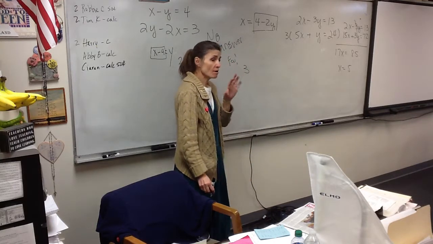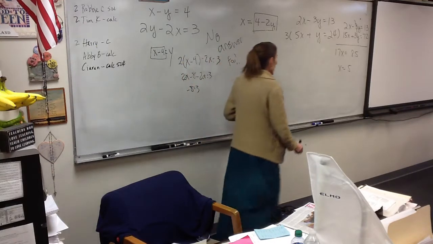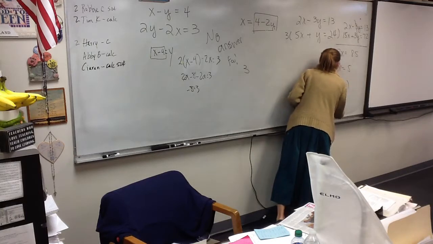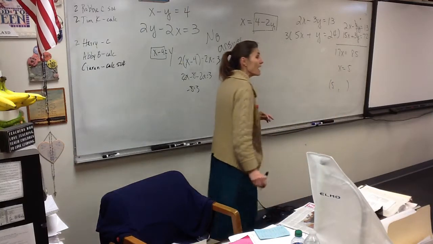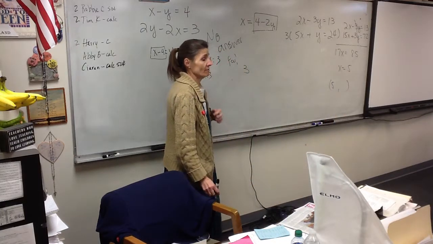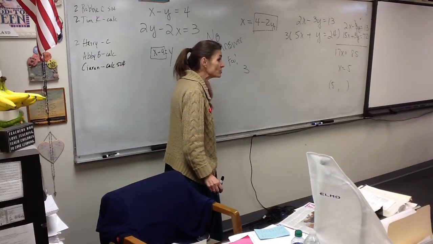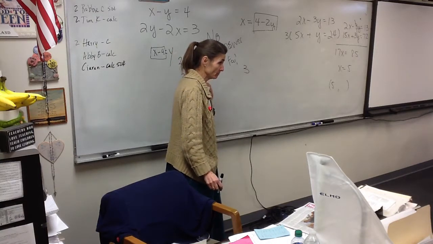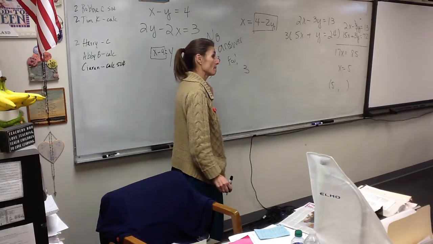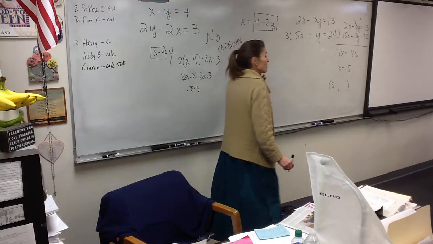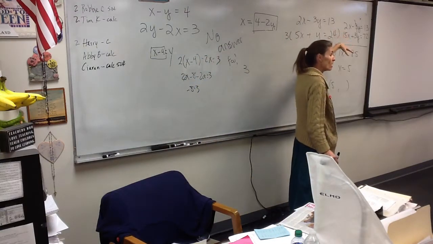Now again, you are not finished. Your job is to find the ordered pair. You now know x is 5. So what do we do to find y, Katie Baumgartner? Plug in 5 for x. I plug that 5 in for x, and I can put it in anywhere I want.